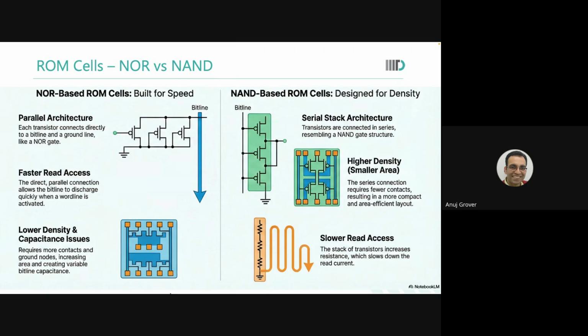And we saw that NOR cells were optimized more for speed, whereas NAND cells were optimized for density.